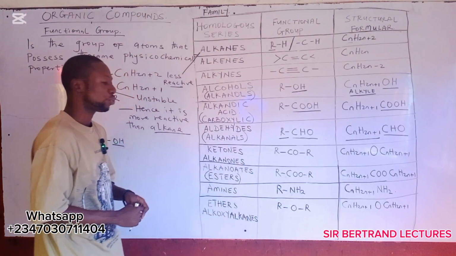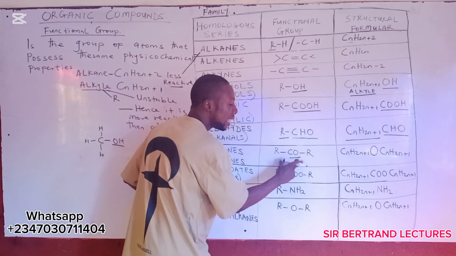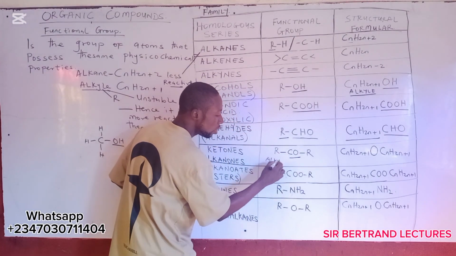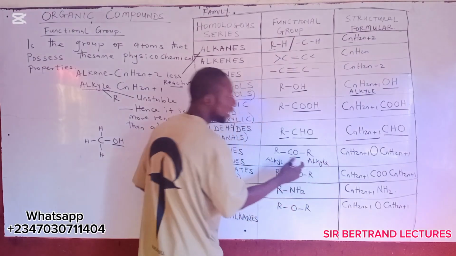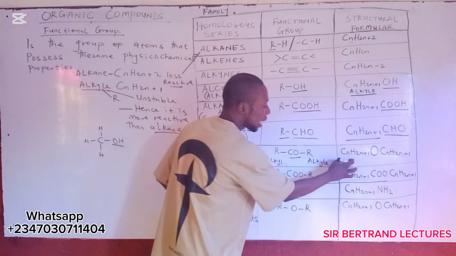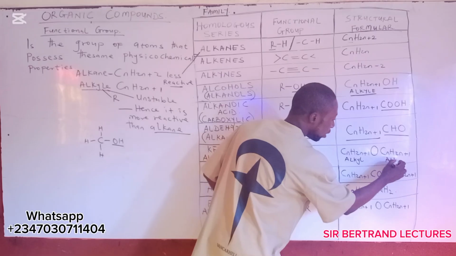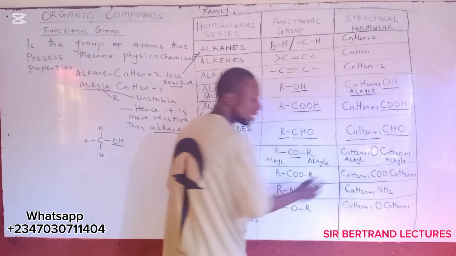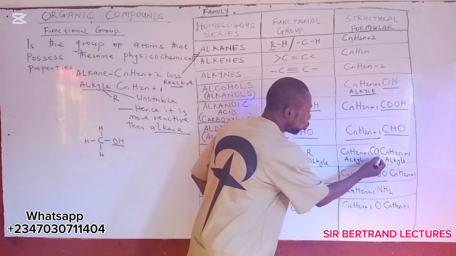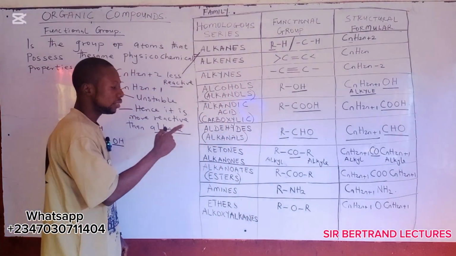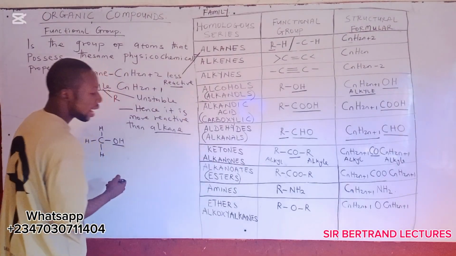Then the next is ketones. Ketones are the group of CO bonding on both sides with alkyl. Here is alkyl, and here is also another alkyl. That is why the structural formula is alkyl and alkyl bonding at the center with CO. So this is the CO group, ketones or alkanones.